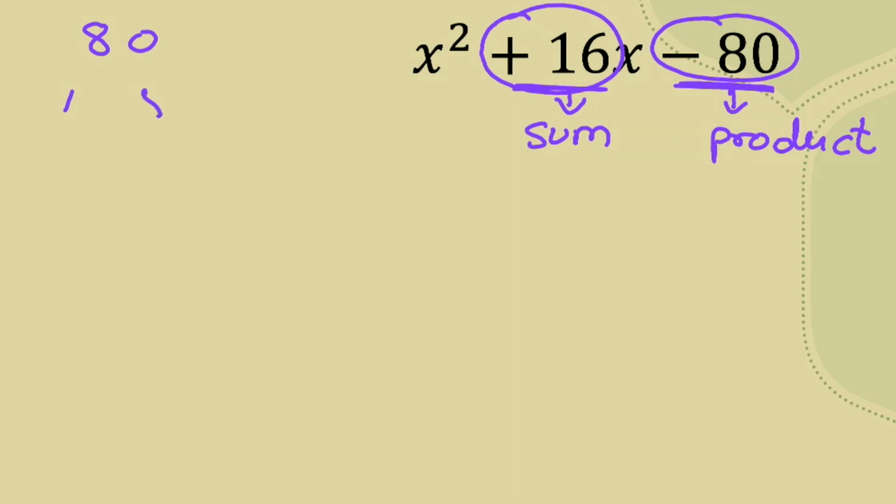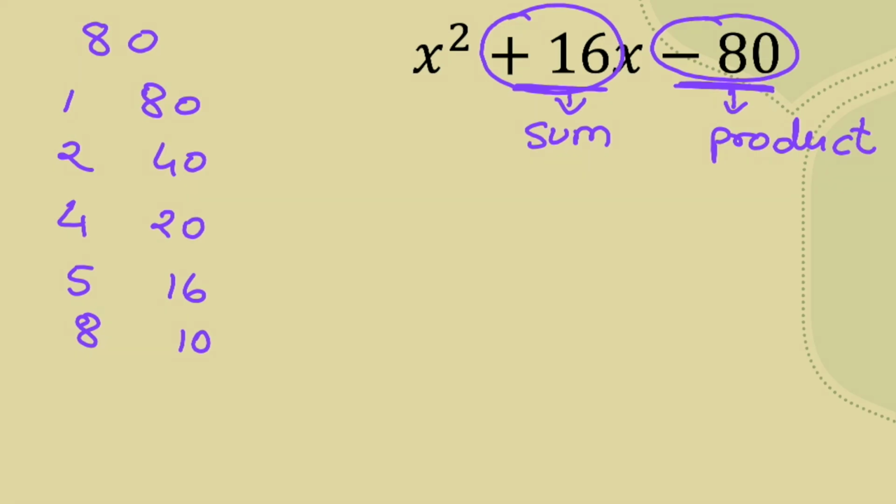1 into 80, 2 into 40, 3, no, 4 into 20, 5 into 16, 6, no, 8 into 10, and then the sequence will be reversed.